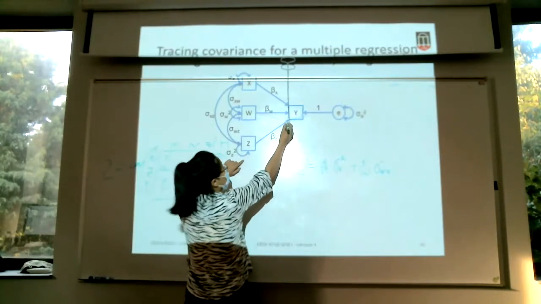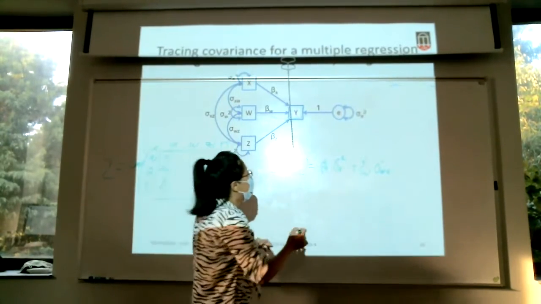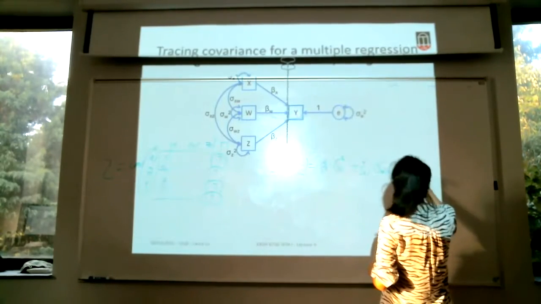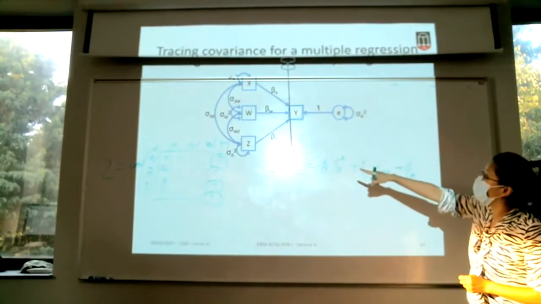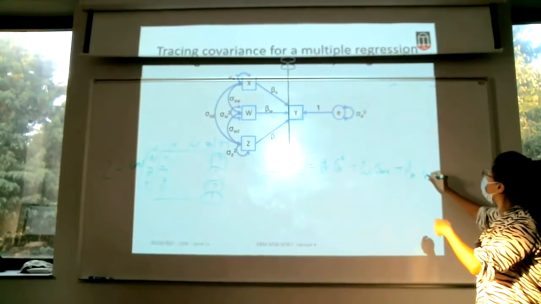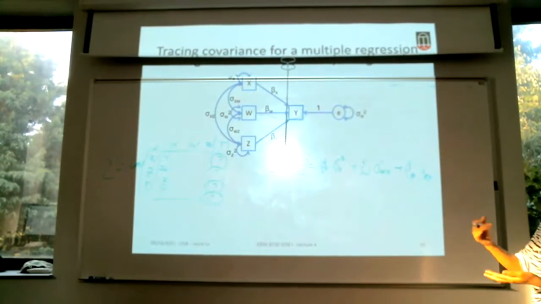You can also use this path: beta Z times the covariance between Z and X. The covariance between Z and X is the same thing as the covariance between X and Z.